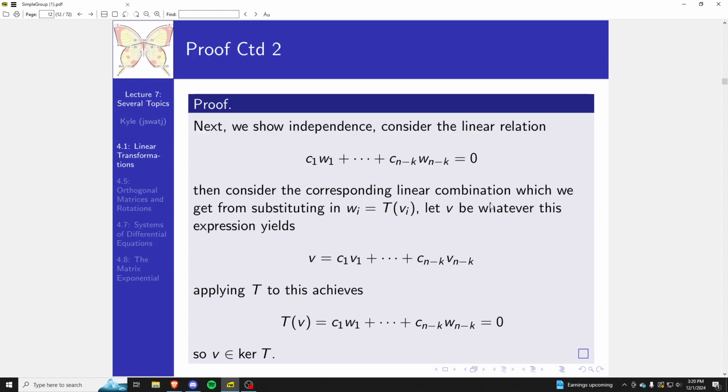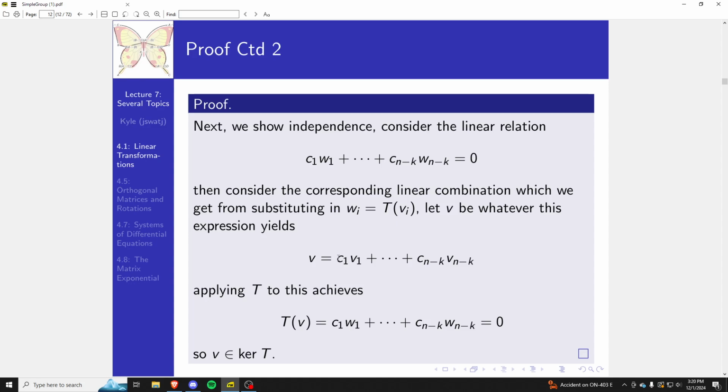So yeah, that part is relatively straightforward. The next part is to show independence. So we start by assuming that this relation here, this linear relation, equals 0. And we want to show that each of these ci's here must also be 0. So we consider the corresponding linear combination that we get from substituting in each of these w's for this equation right here, right?